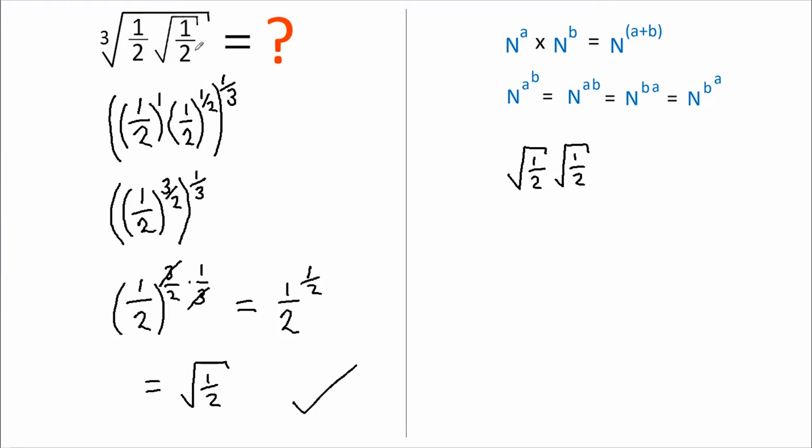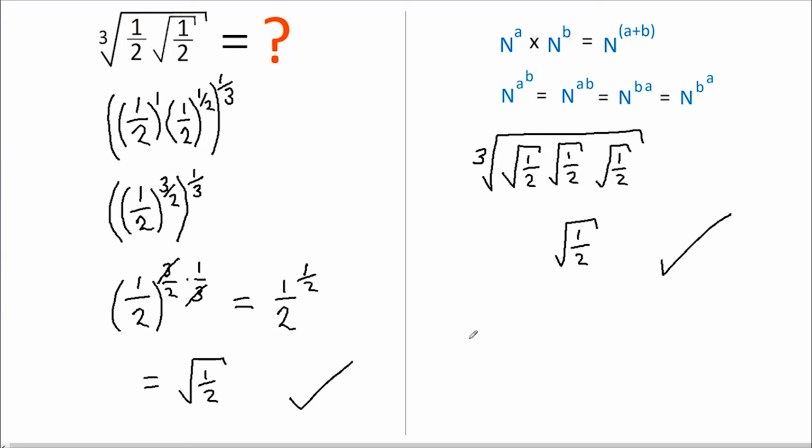Then when we multiply this again by the square root of a half, we end up with trying to find the cube root of root half times root half times root half. In other words, it's a root half as the answer. Did you get that?